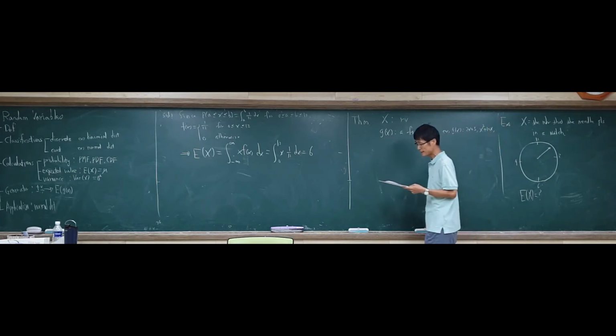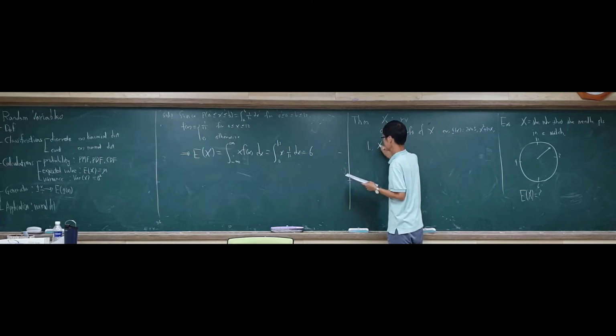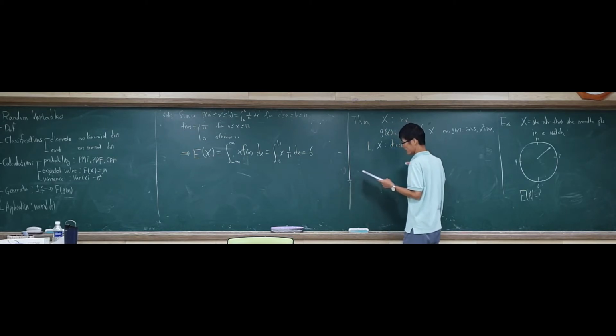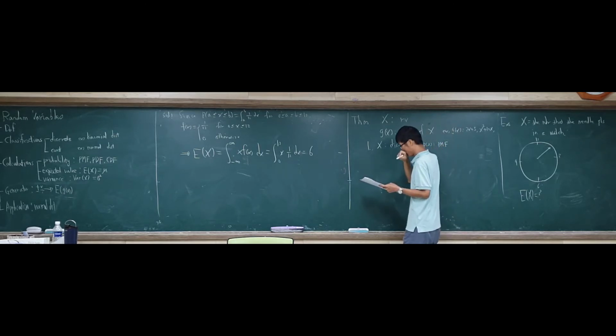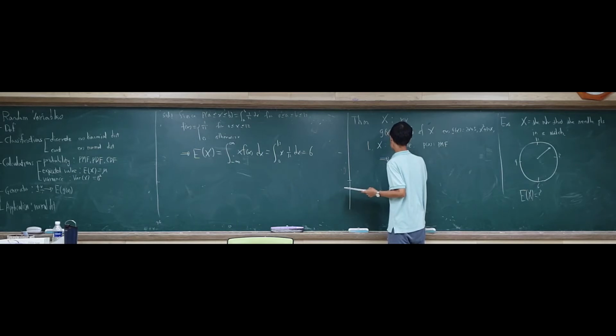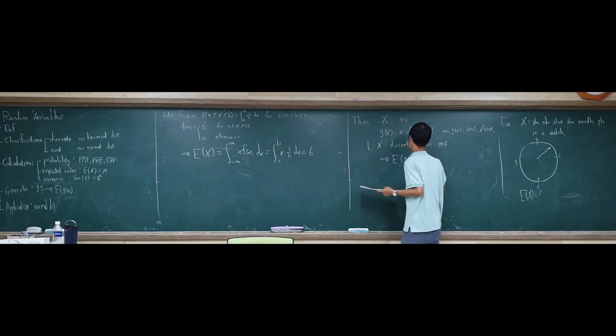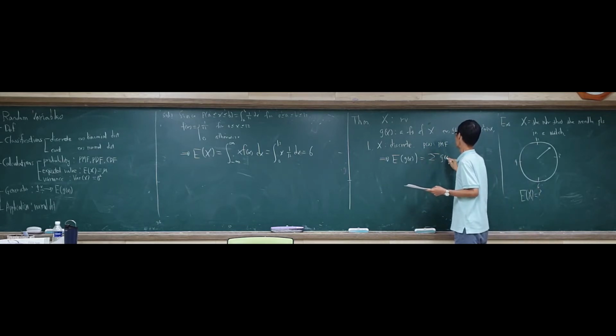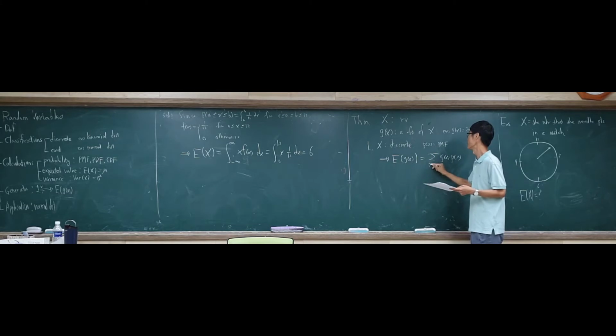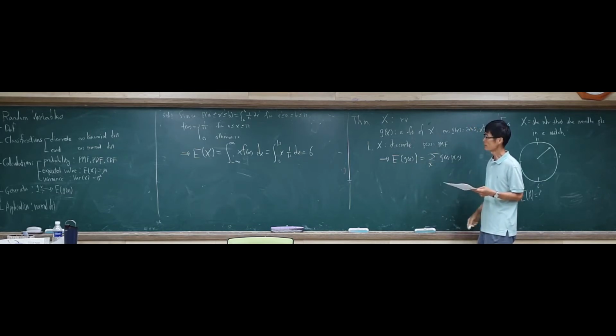In this case, if x is discrete and p(x) is a probability mass function, PMF, then we can show that the expected value of g(x) is equal to the sum of g(x) times p(x).